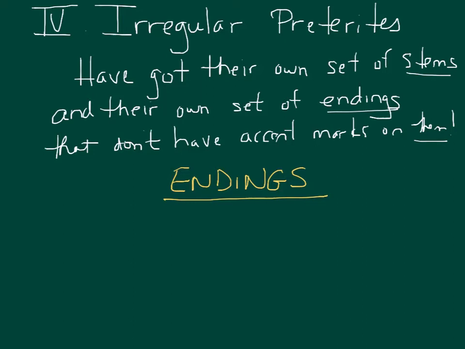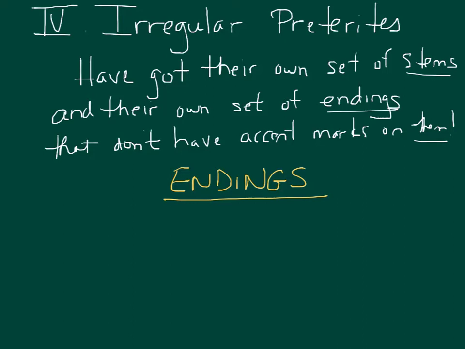So the nice thing about all of the irregular preterites is that there are no accent marks on any of them. When we work with the preterite, there are actually 3 different endings you need to know. There are endings for AR verbs, there are endings for ER verbs and IR verbs, and then there are endings for the irregular preterites. This set of endings goes for just the irregular preterites.